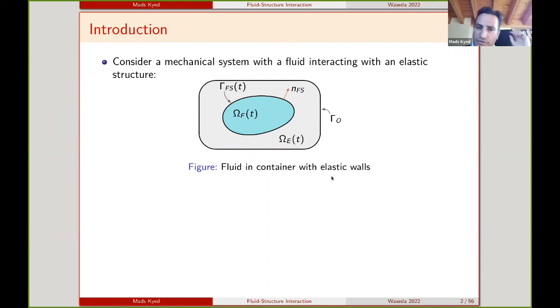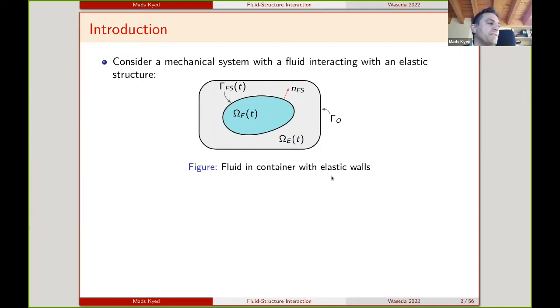These kind of problems intrinsically have unknown geometries. So in this case, the interface between the fluid and the structure is unknown, or equivalently, the fluid domain and the structure domain are unknowns. And the main goal when we investigate these kind of systems is to determine this unknown geometry, and the fluid flow.